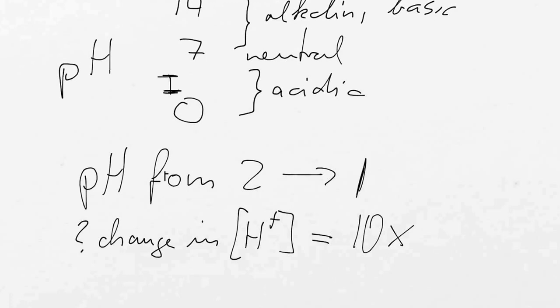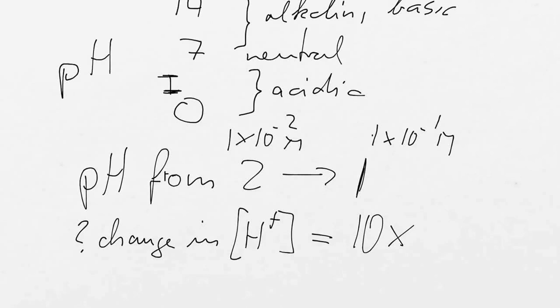Aha. So, the proton concentration here would be 1 times 10 to the minus 2 molar. And here it would be 1 times 10 to the minus 1 molar. This is what the pH does.